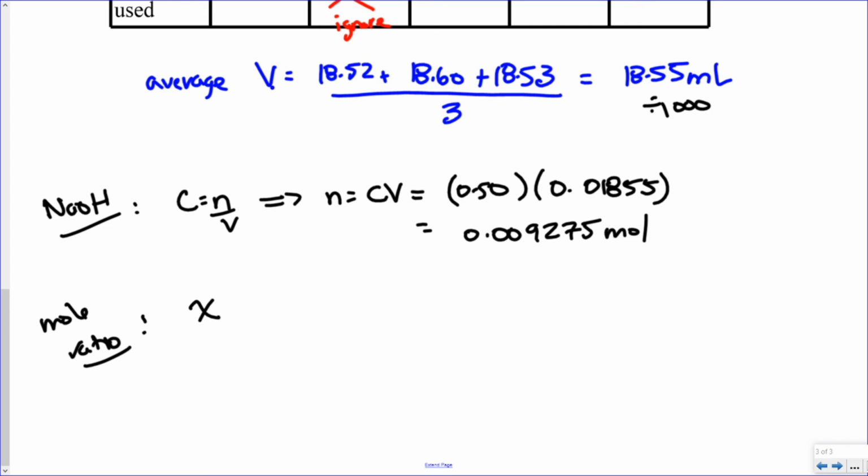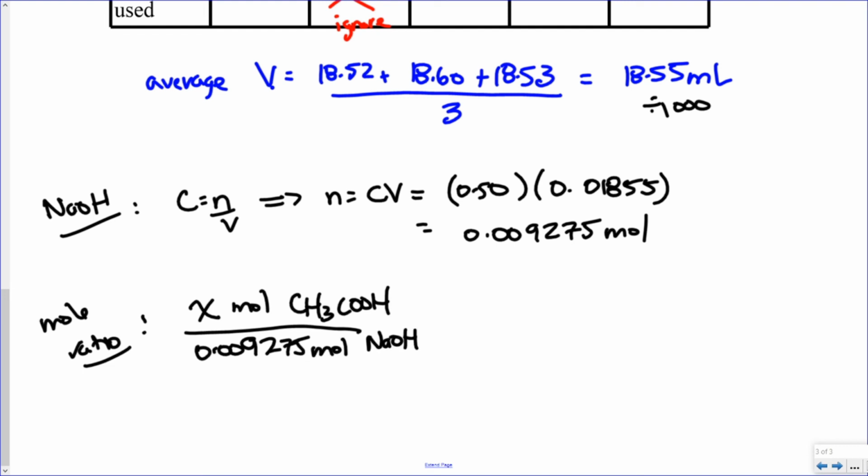So x moles of acetic acid, which was CH3COOH, divided by 0.009275 moles of sodium hydroxide is a 1 to 1 mole ratio, so that's nice and easy. We don't really have to do any calculations. x is still going to be 0.009275 moles.